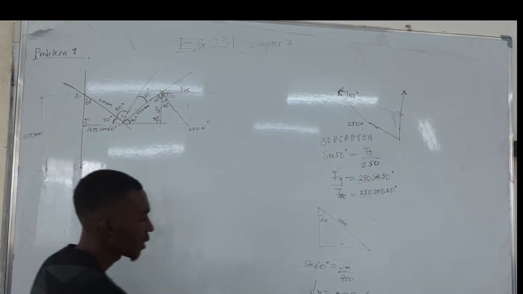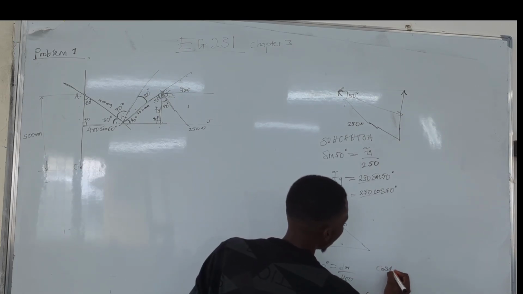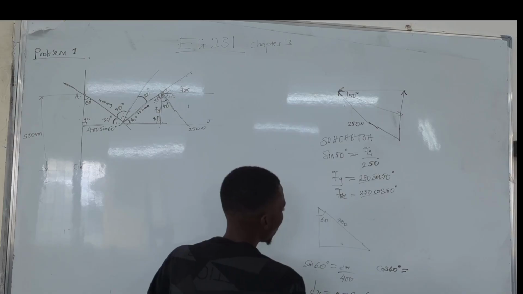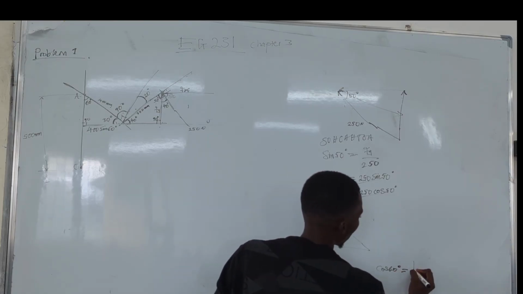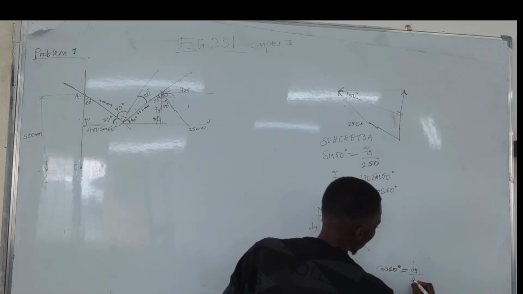So same procedure, you can use SOHCAHTOA, okay? Cos 60 degrees is equal to adjacent. What is our adjacent here? It is the distance in the y, okay? Over hypotenuse, that is 400, okay?